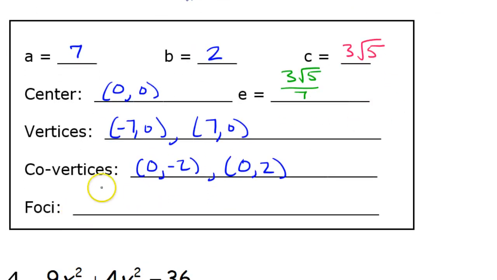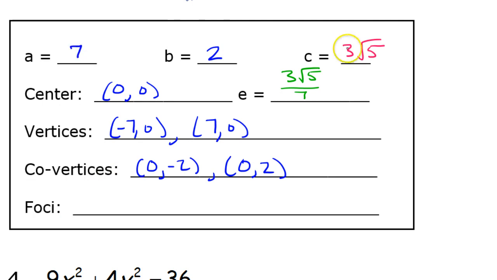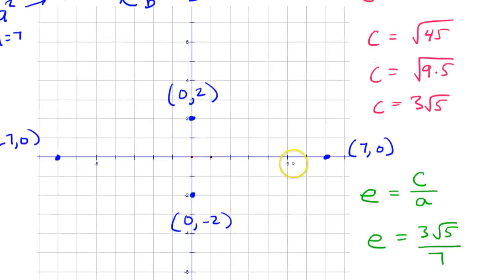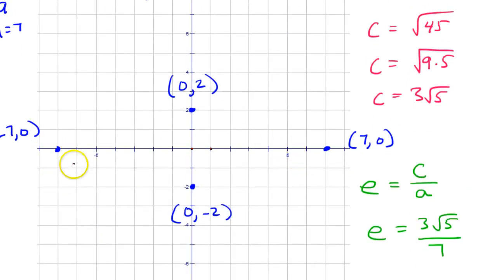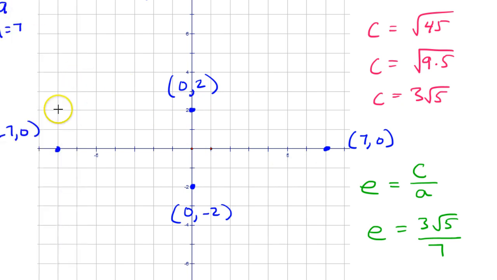We need the foci. The foci will always be associated with the c value. And let's go ahead and draw the ellipse real quick, though. Based on the vertices and the co-vertices, we can already see what's happening with the ellipse.